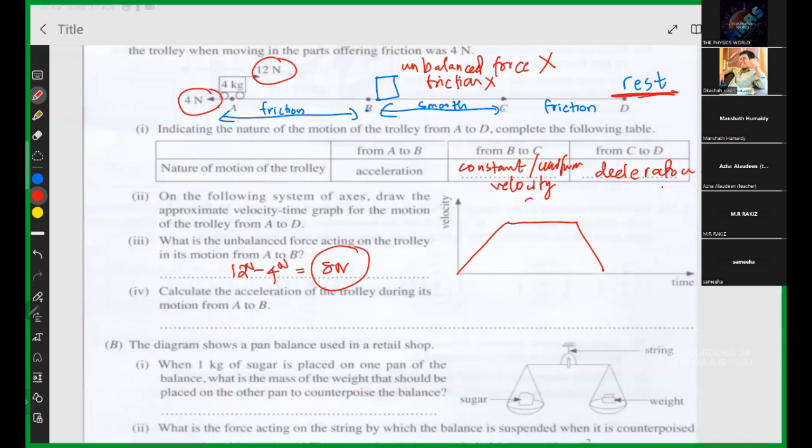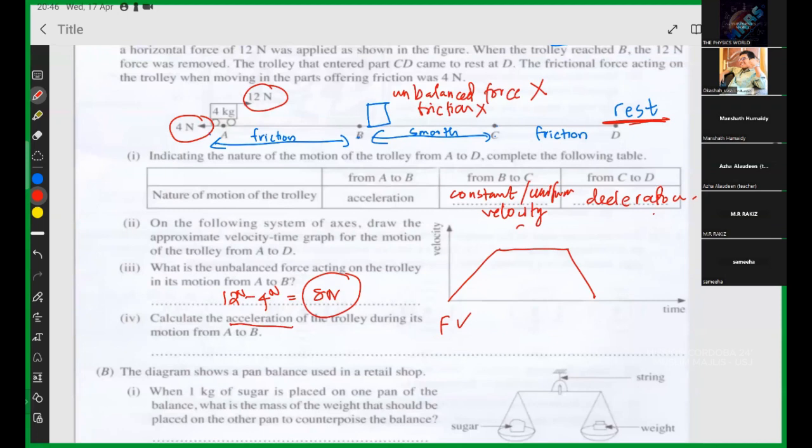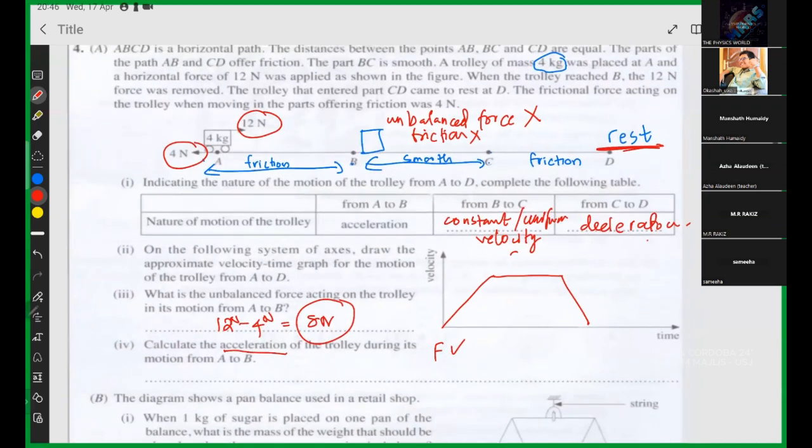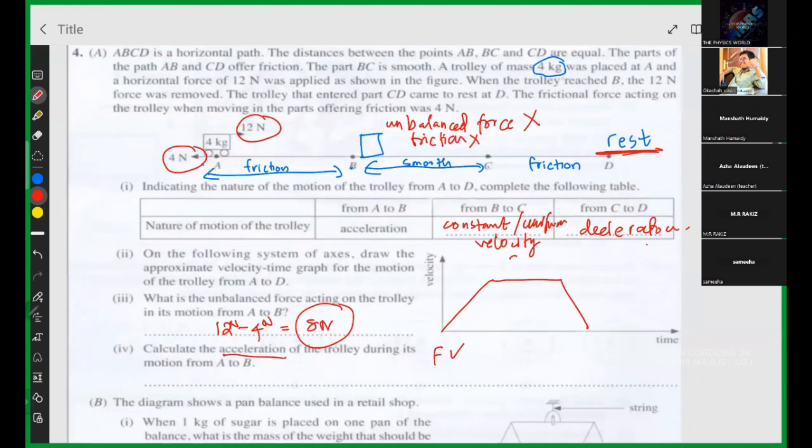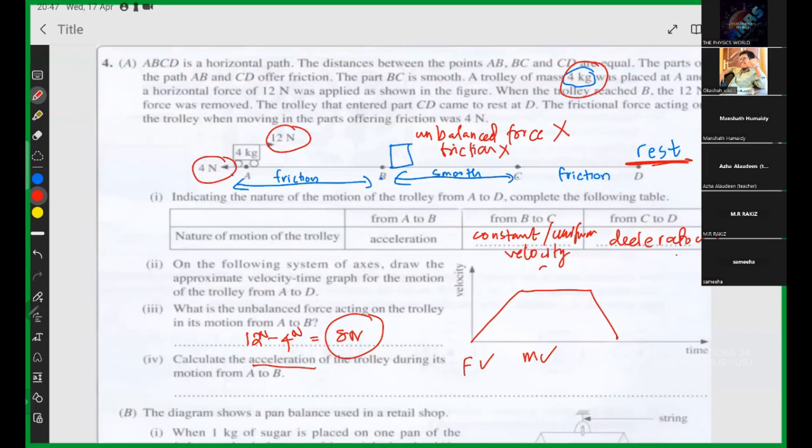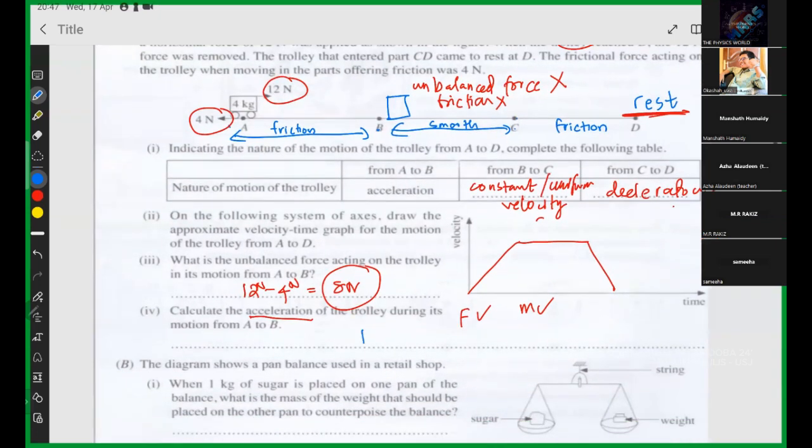In the next question, they're asking you to find the acceleration. We have the force. Unbalanced force means the resultant. Yes, unbalanced and resultant have the same meaning. Now we have the force and also the mass of the vehicle. They are asking for acceleration. So what's the equation?